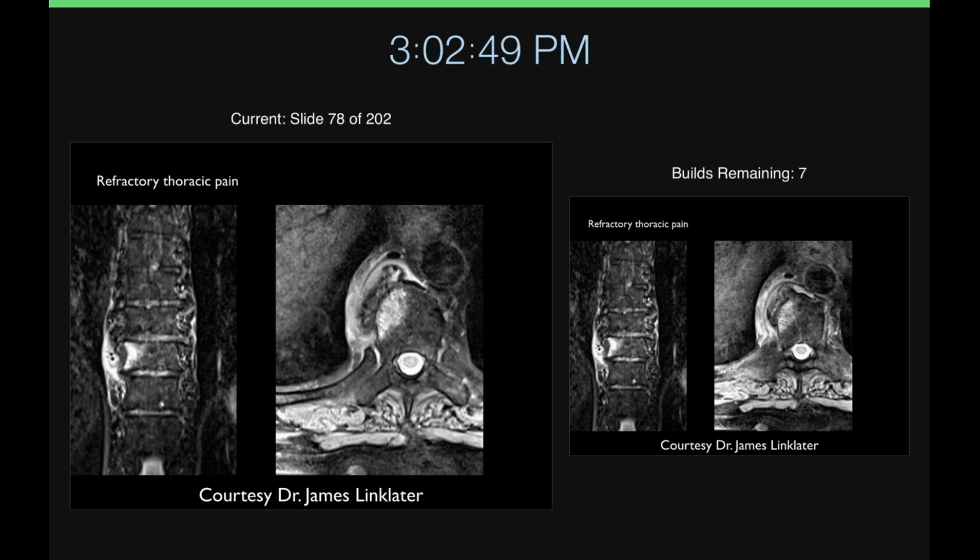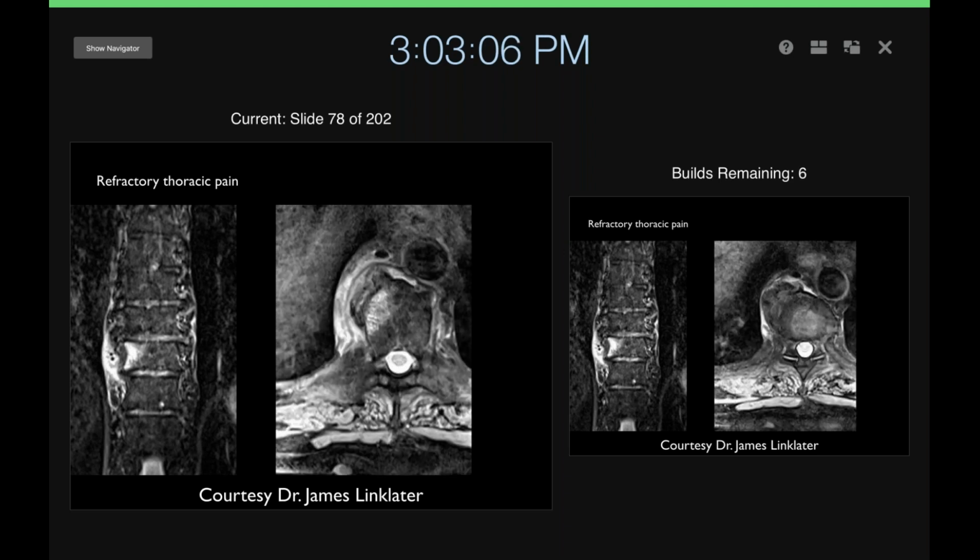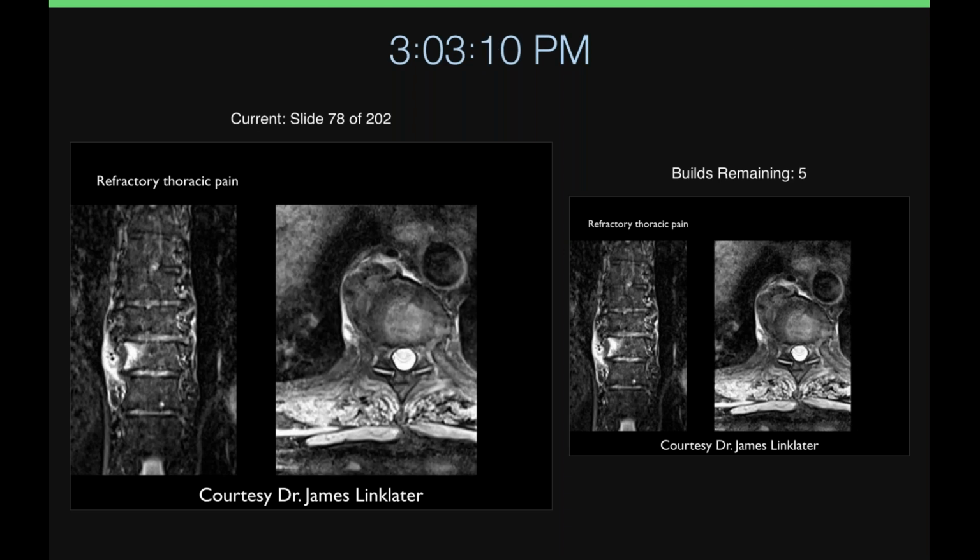Okay, so coronal axial MR. See, there's contusion in the vertebral body and lots of soft tissue hematoma along that vertebral body. So, fracture.